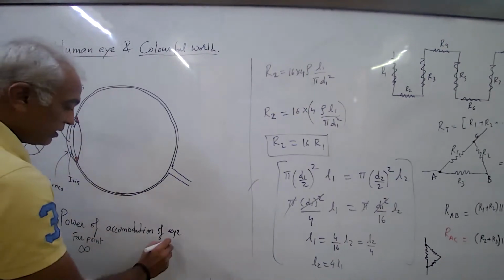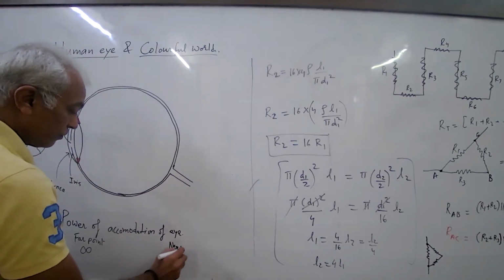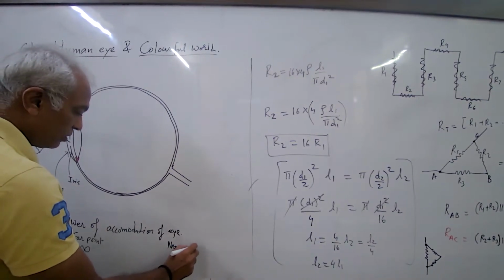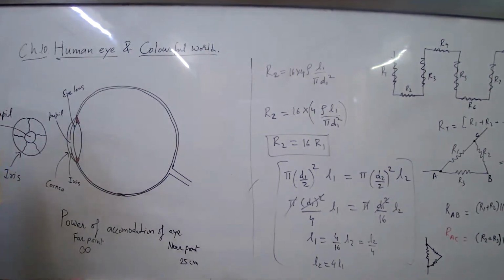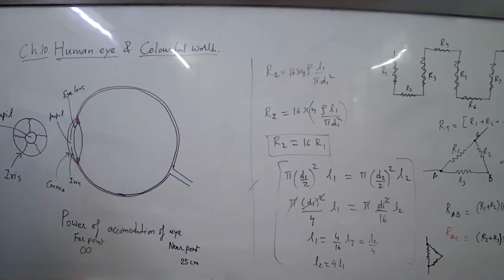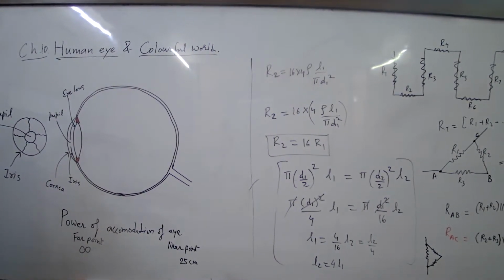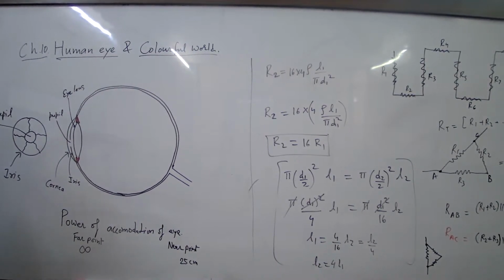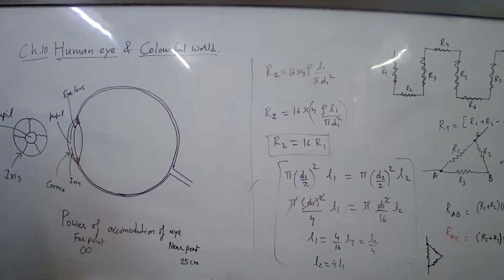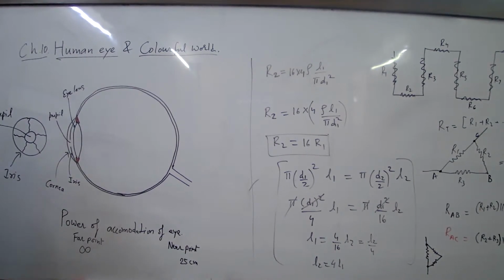And the nearest distance, the near point, is 25 centimeter. If you try to bring an object closer than 25 centimeter, that's when the eye will begin to pain. You'll experience strain. So for the normal eye, this is the far point and that is the near point. Is that clear?